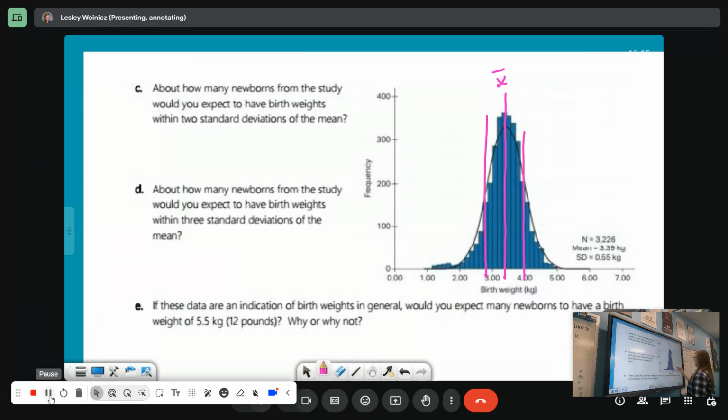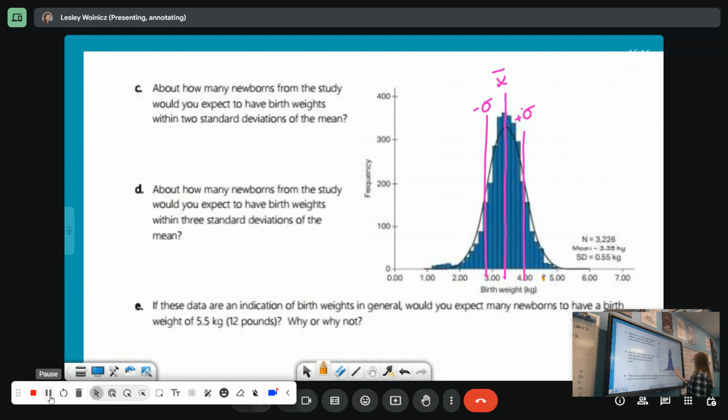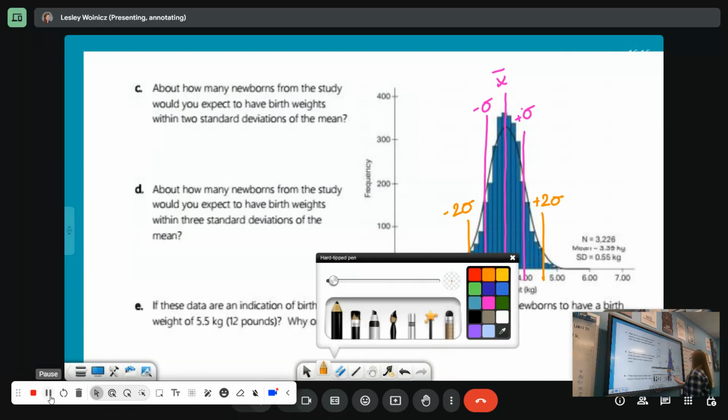Now if this was plus 1 standard deviation and this was minus a standard deviation, now if I go out again, this would be plus 2 standard deviations, right? Oops, that's not plus, that's minus. Okay? And then I could go out again.